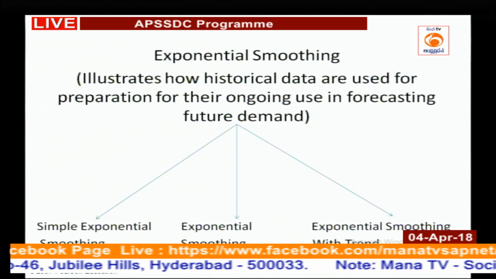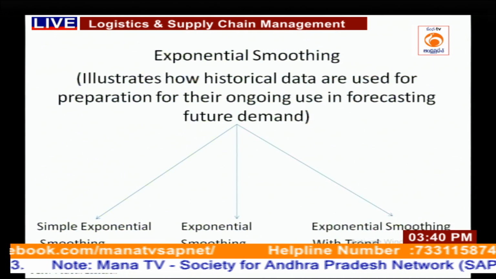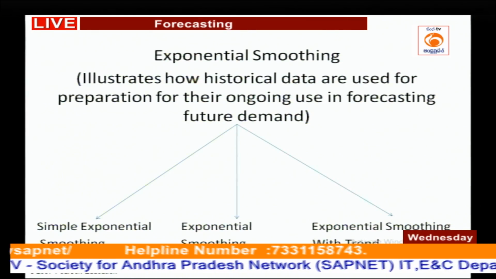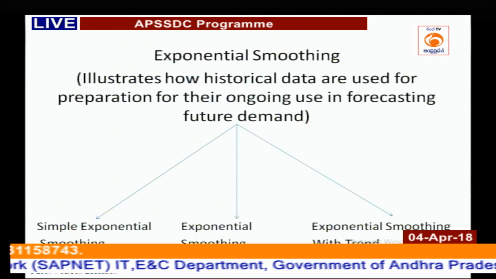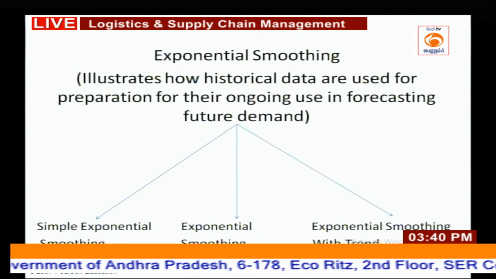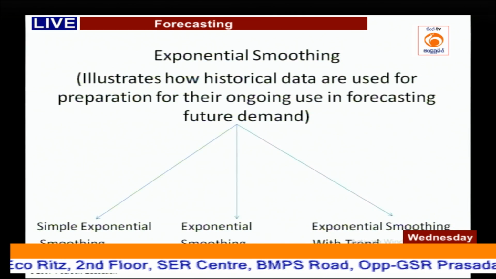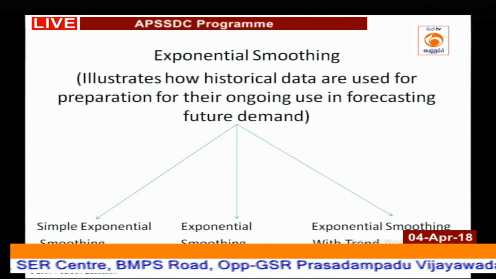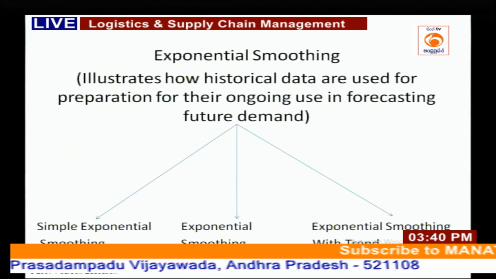Exponential smoothing illustrates how historical data are used in preparation for their ongoing use in forecasting future demand. How are historical data used? You simply do not use the historical data, but how do you use it?